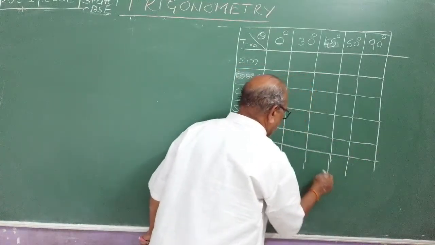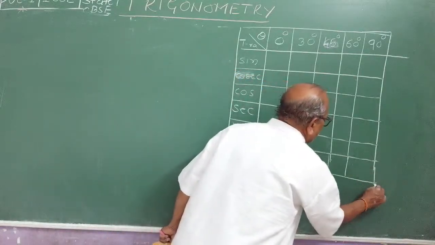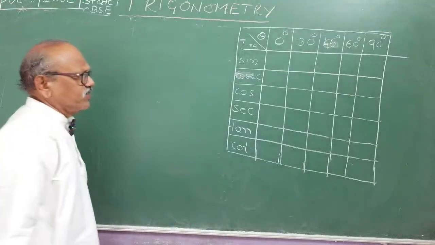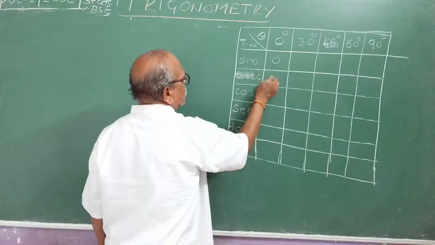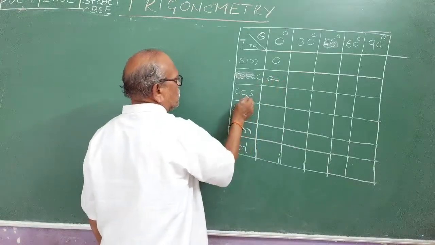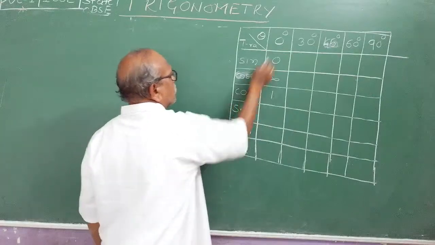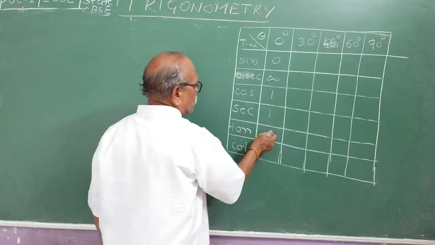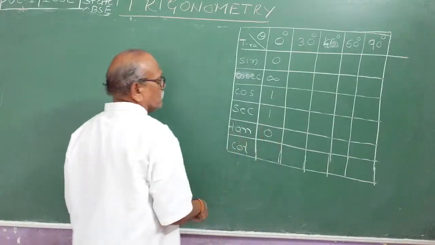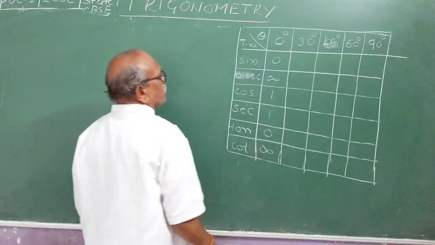If you practice problems, applications, in the beginning you have a cheat, solve some 30 to 40 problems from textbook or reference books, you will be perfect. Sine 0, 0, cosec 0, infinity, cos 0, 1, right? Sec 0 is the reciprocal of 1, is 1 only. Tan 0, 0. Cot 0, reciprocal of this is infinity.